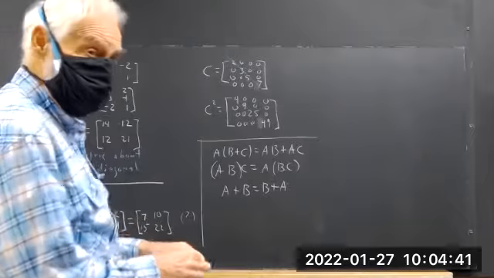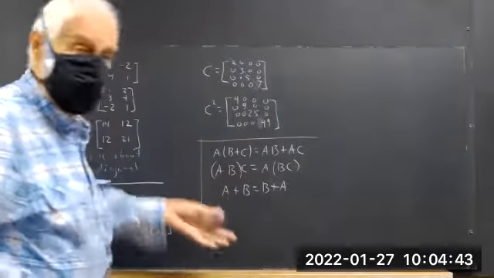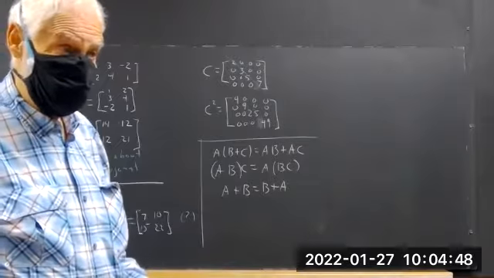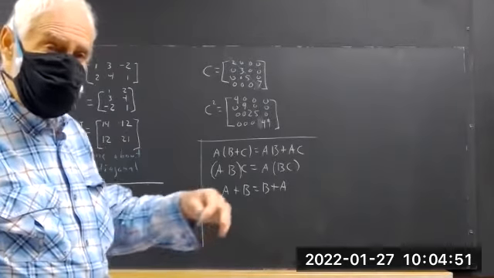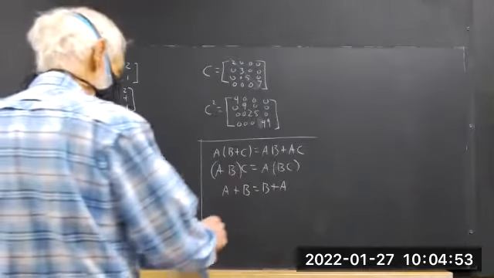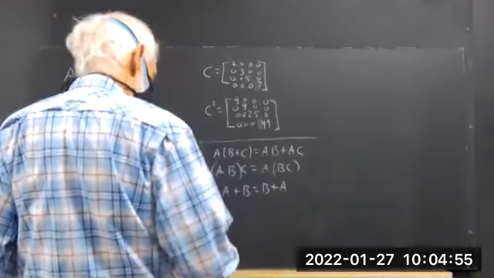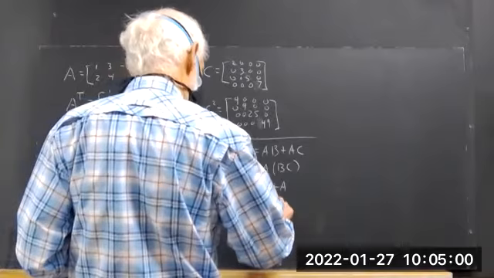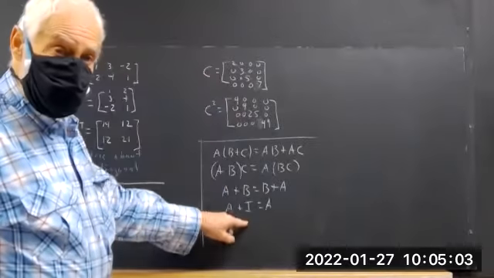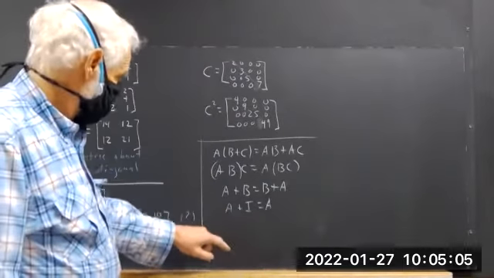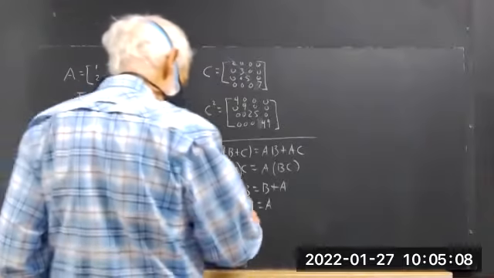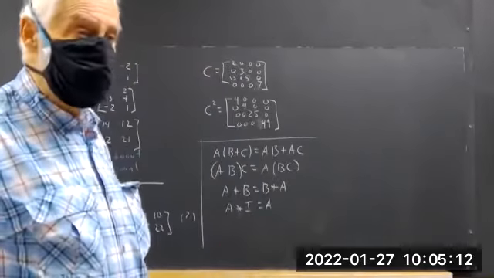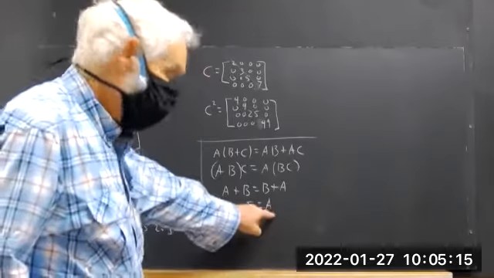Now, this looks just like the rules for algebra, right? This is linear algebra. There's an algebra with this thing. The rules are almost the same. One other thing is the identity matrix. If you multiply a matrix by the identity matrix, you get the matrix you started with.